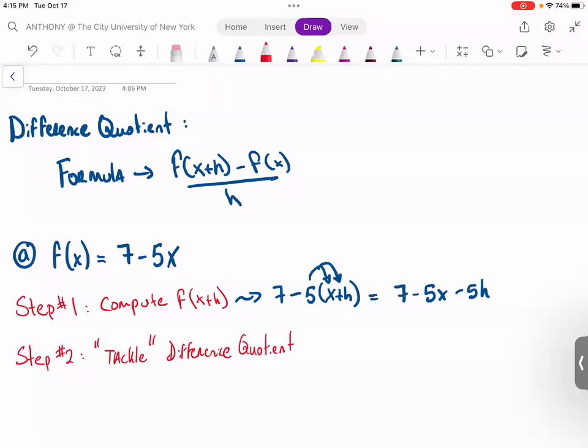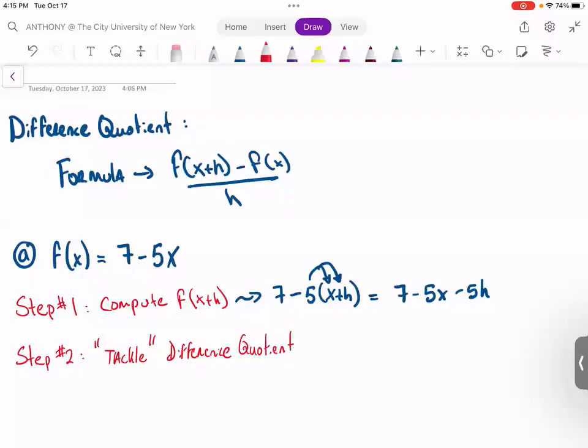First of all, in your formula, the difference quotient is given as f of x plus h. Now, I know the terms that belong to f of x plus h. Those terms are exactly 7 minus 5x minus 5h. Personally, what I like to do, or what I tell my students, is that I want to keep the f of x plus h terms separated from the original function, namely f of x, by using brackets.